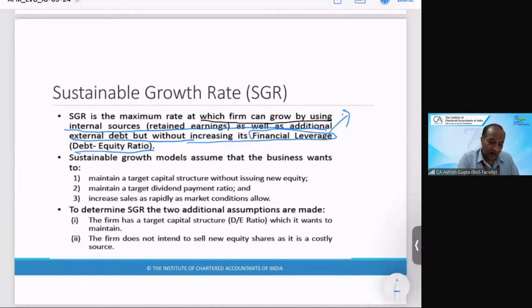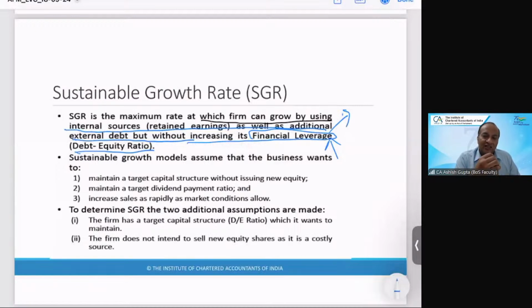So here it is very important to note that your financial leverage should not be increased, because financial leverage is basically the level of debt in the capital structure. Why do we do it?